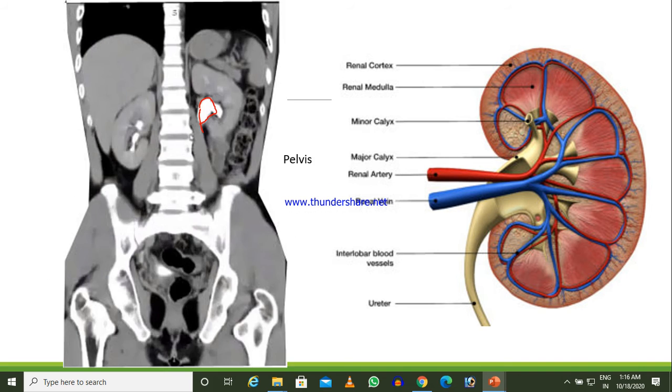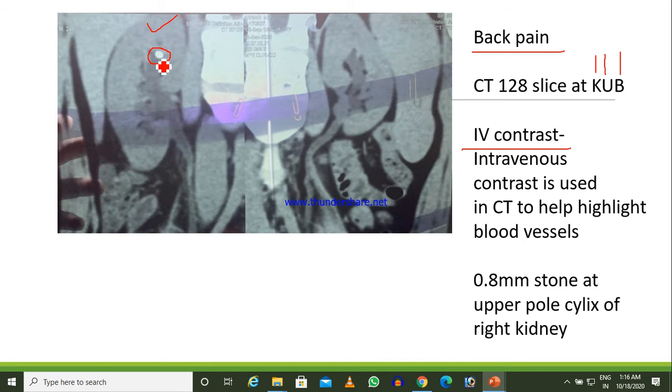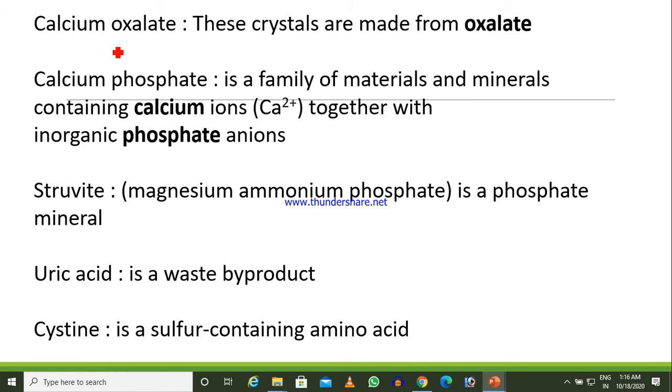So now you see that the stone is near the connection of the minor calyx. A 0.8 mm stone was observed. Okay, so now you can understand from a CT image, mainly in the kidney, how to understand the different parts. Now I am coming to that related to that stone.